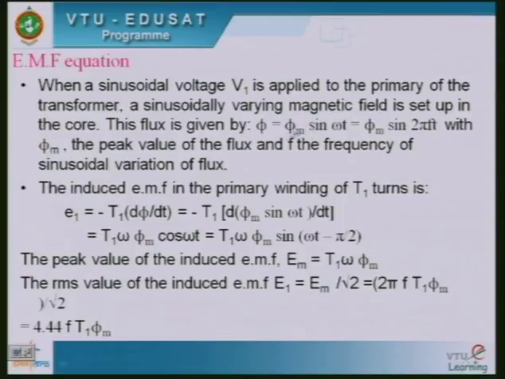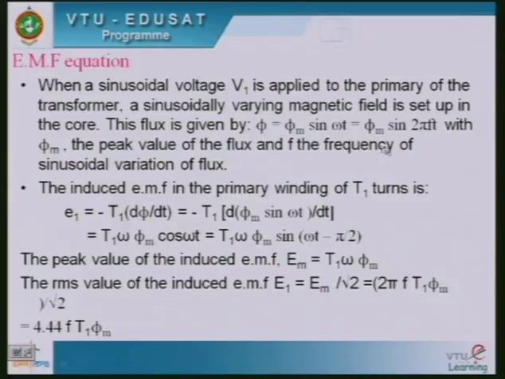This flux can be represented by the equation phi of t is equal to phi m sin omega t, and this omega depends on the supply frequency of f hertz. So replacing omega by 2 pi f, I will get the equation for the flux as phi m sin 2 pi f t.